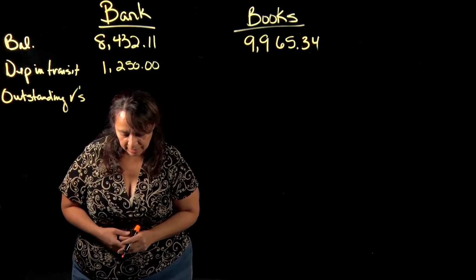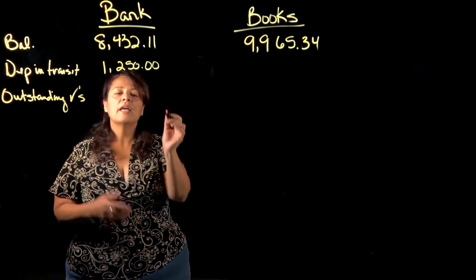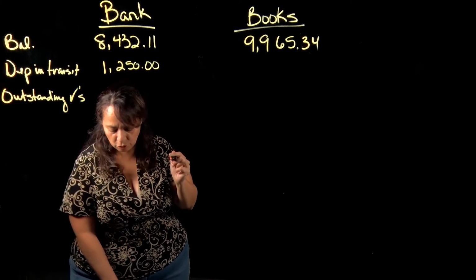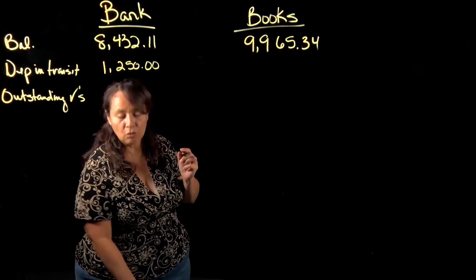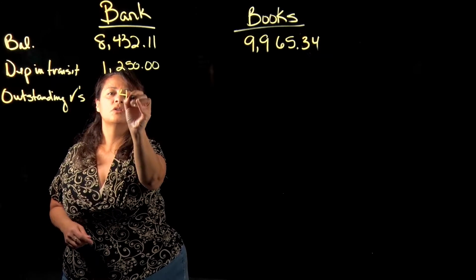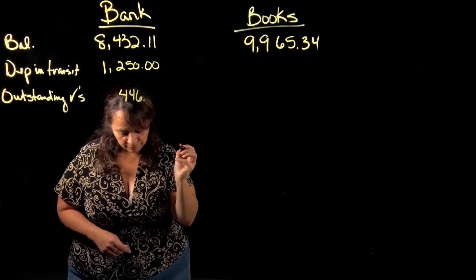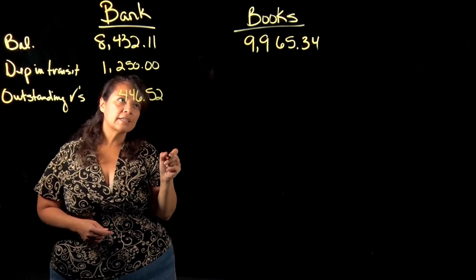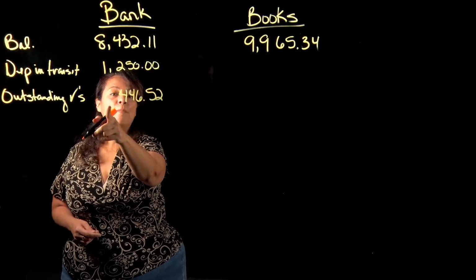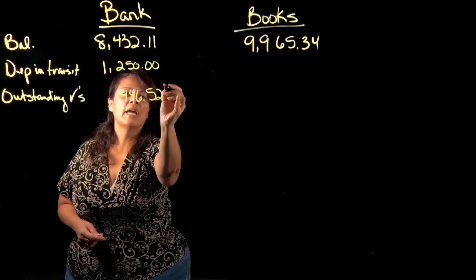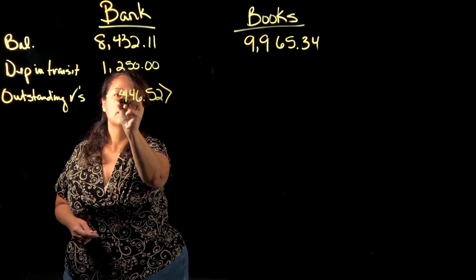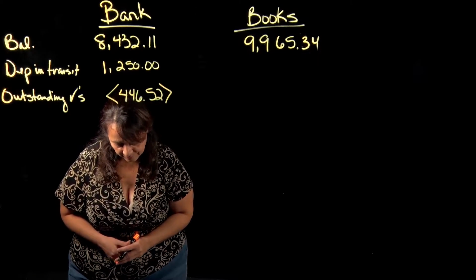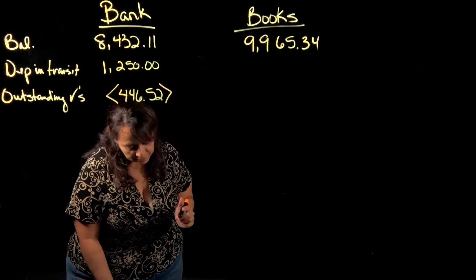And those outstanding checks, in your work, you would enumerate them, but since I don't have a lot of room, we're just going to total them up together, and they total to $446.52. Now let's think about this. They're checks that the company wrote, but the bank doesn't know about them yet. So we actually need to deduct those amounts from the bank. Make sense? All right. Now let's go on to the next letter.